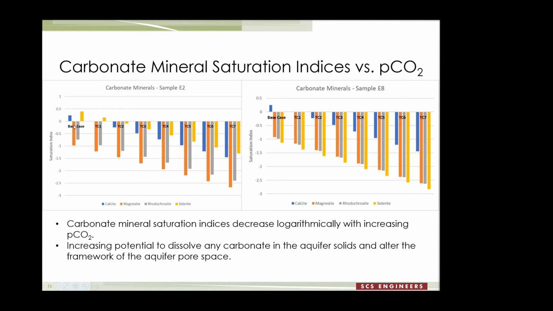So what this is showing is as we increase our PCO2 progressively, we would tend to dissolve those carbonate minerals into solution, and that decrease is logarithmic as you increase that PCO2 value. This suggests an increasing potential to dissolve any carbonate in the aquifer solids and potentially alter the framework of the aquifer pore space.